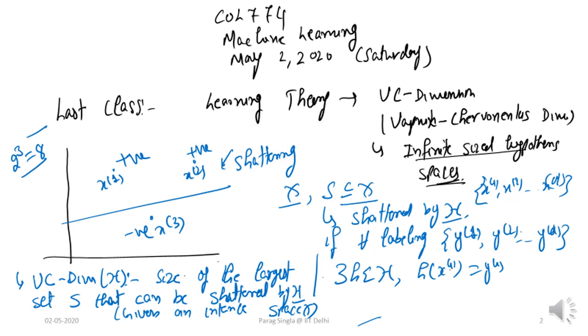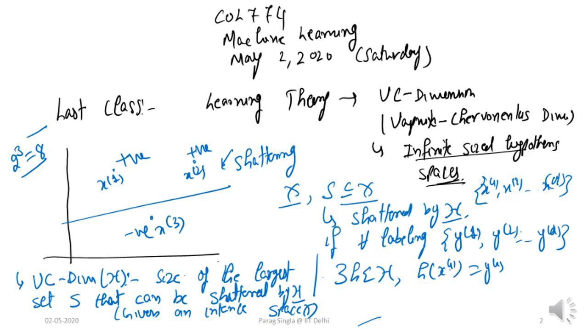Remember, in the previous class we were looking at learning theory. Specifically, we started the concept of VC dimension, that is Vapnik-Chervonenkis dimension, named after the Russian mathematicians who invented this concept. Recall that this was primarily motivated to talk about hypothesis classes or hypothesis spaces which are infinite dimensional.